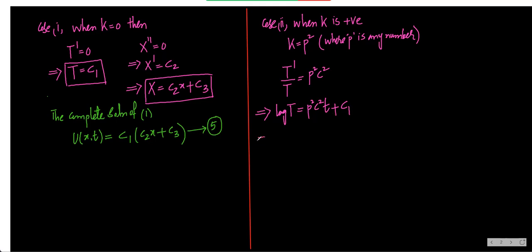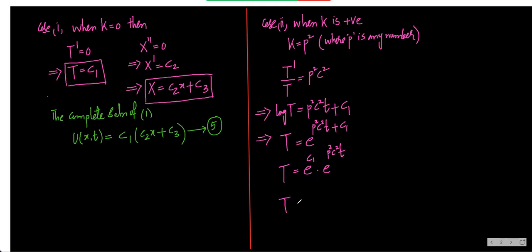Then this implies that when log will go that side, you will get e to the power of this value. So then t is equal to e to the power of p square c square t plus c1. We have to break this one. E to the power of C1 is one break. E to the power of p square c square t is another break. Can we break it?